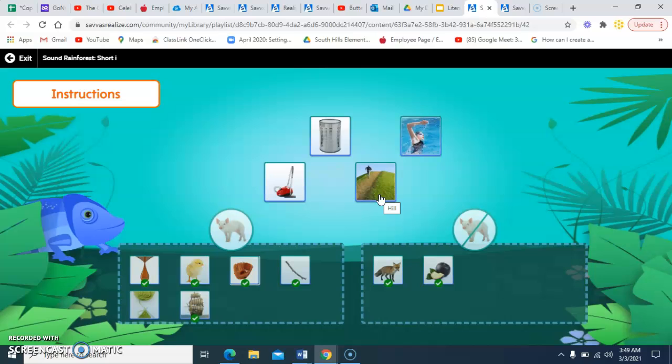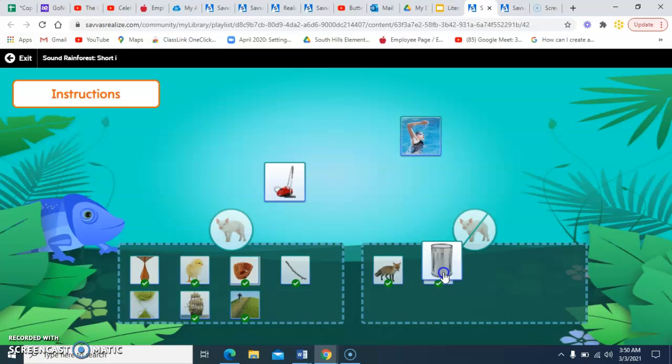Heel, heel. And sometimes you may have to say the word slowly, ill, to hear the I. Next one, can, can.